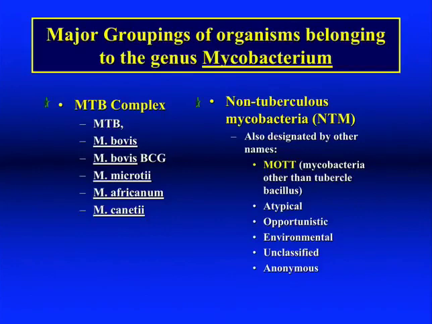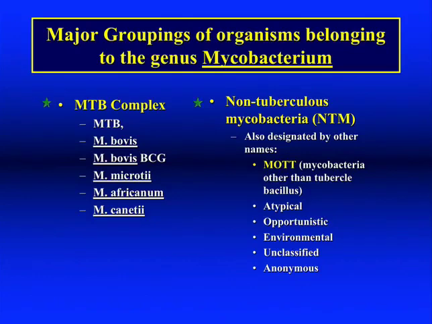Okay, so how are you going to break down all the mycobacteria in ways that we can remember for practice and for boards? 2 big groups, the MTB complex and everything else. MTB complex includes TB, Bovis BCG, Microti, Africanum, and Canetti.